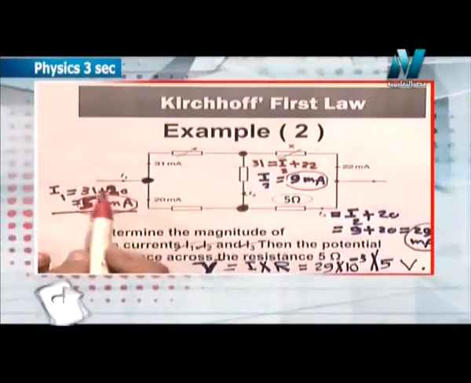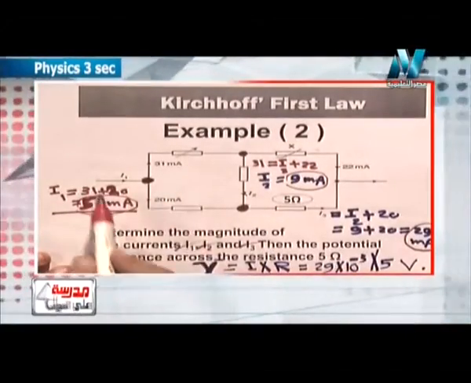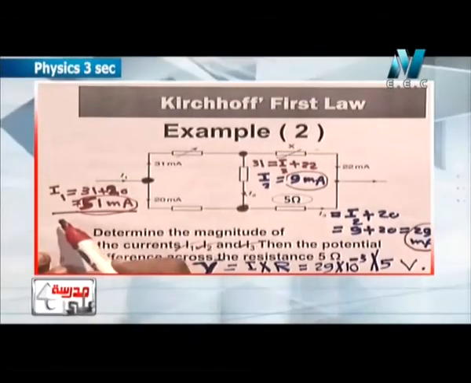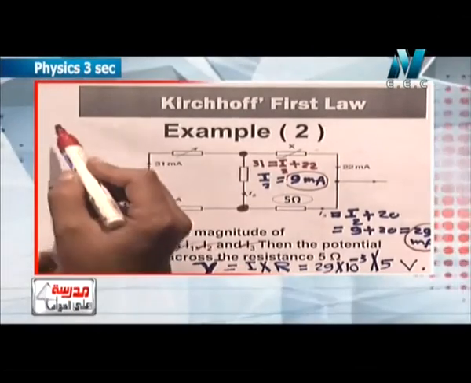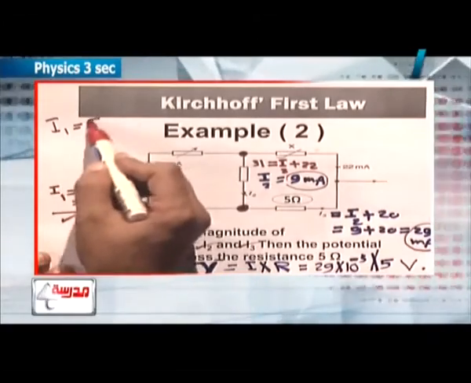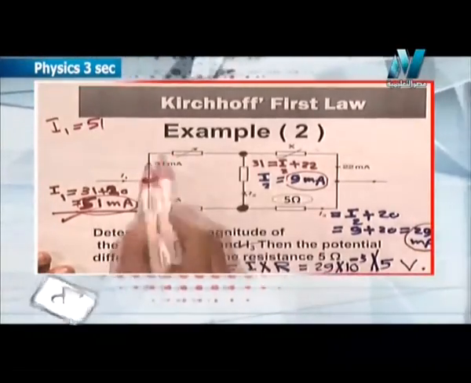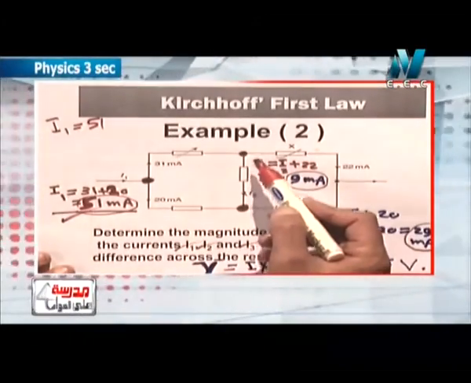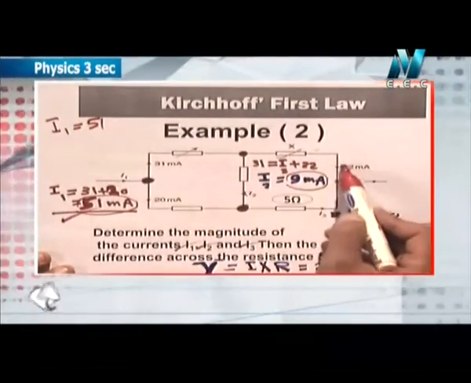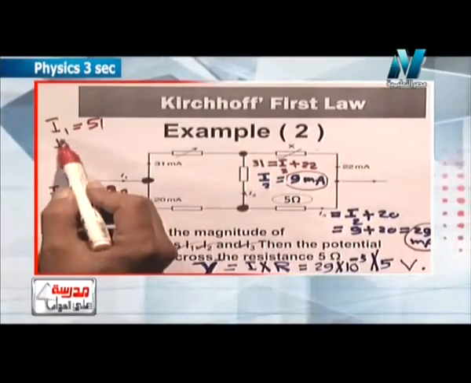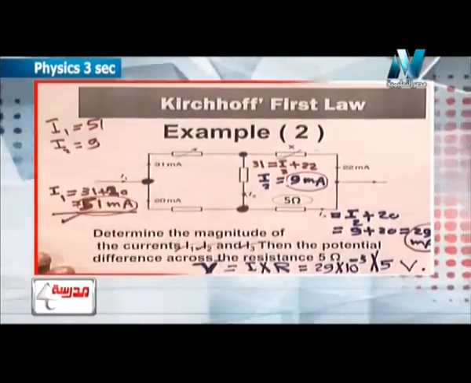Okay, at any node, current enter equals current out, I1 equals 31 plus 20 equals 51. At that node 31 enters and is divided into I2 and 22, so I2 equals 9.